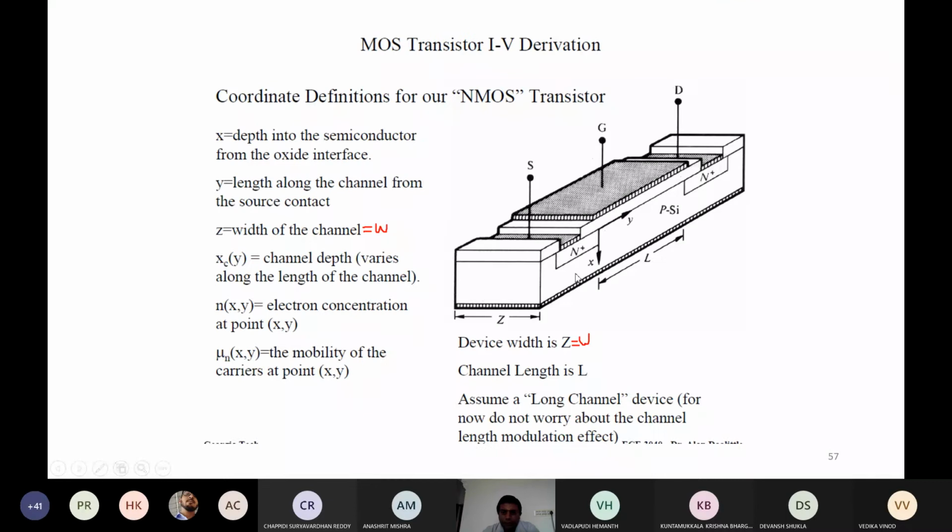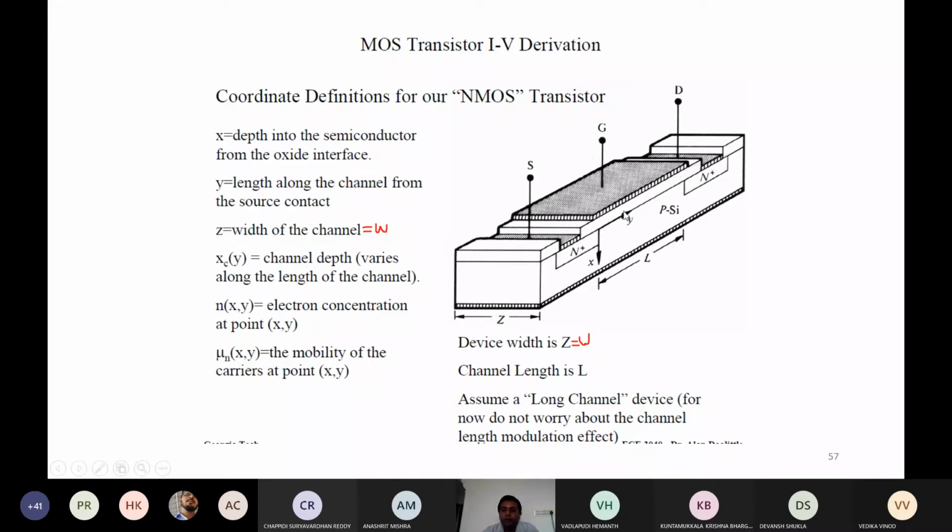So we have started with this 3D structure, so that we can realize all the layers. This is the N plus source and this is the N plus drain. From source to drain, we are considering the drawn length of the channel, the actual geometric length we have given during fabrication.